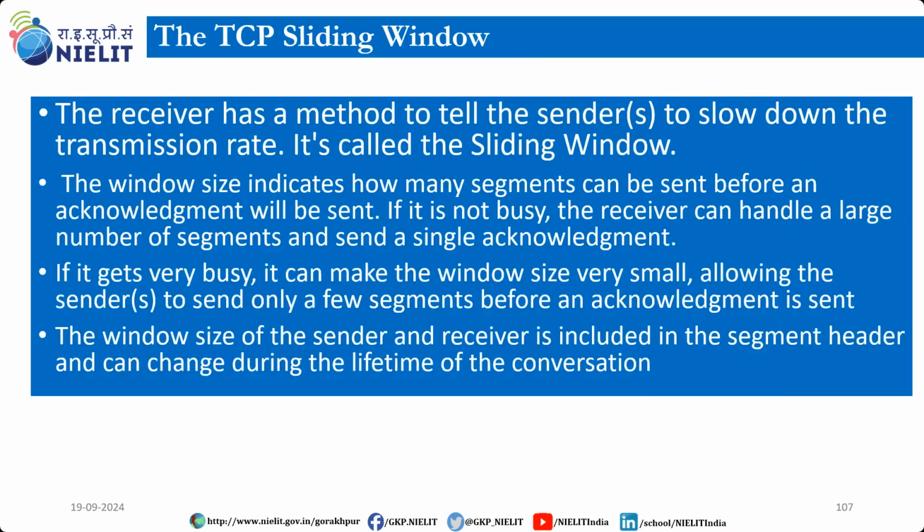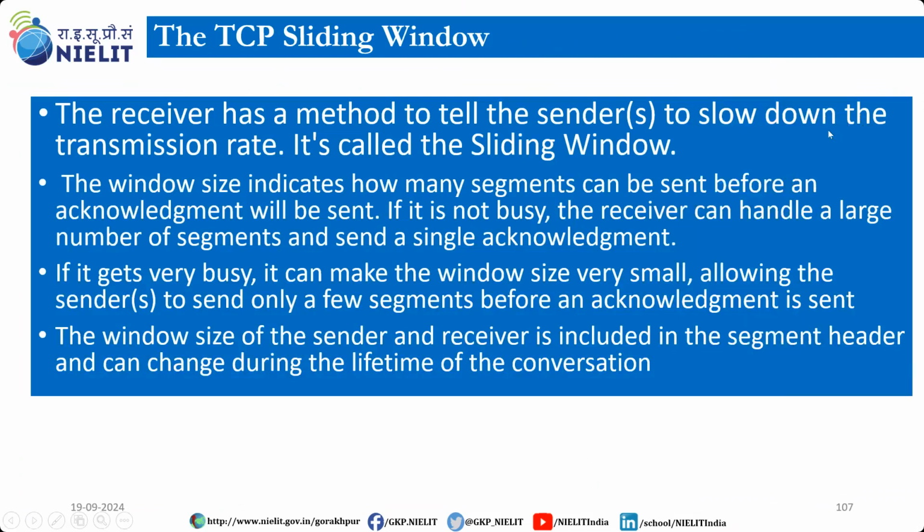TCP sliding window. TCP sliding window is the method which controls the flow rate between sender and receiver. So this sliding window algorithm or protocol or service is basically meant only for the TCP protocol, because flow control is only available in the TCP protocol.